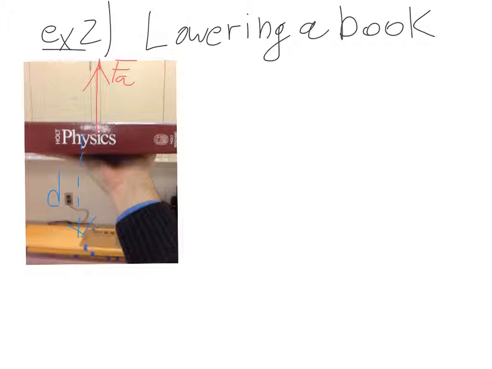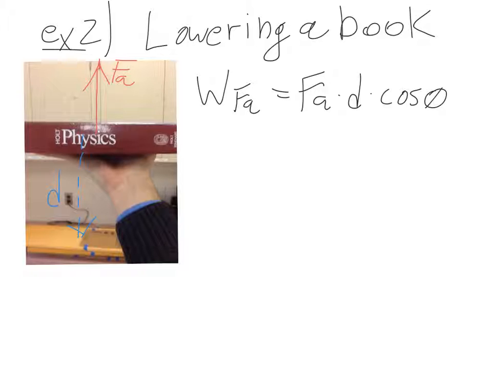Okay, so for my second example, instead of lifting the book, I'm going to lower it. So now I'm going to find the work done by my applied force if the book is being lowered versus being raised. And you can see that my displacement is now in the opposite direction of my applied force. So to calculate the work, it's the same equation, but now what will be different is that theta is no longer 0 degrees.